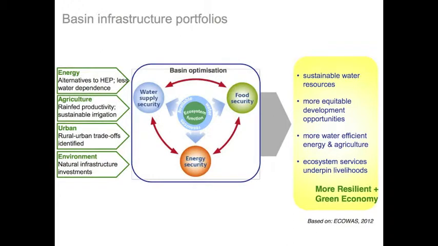And some of that is about energy, so different energy investments, agriculture, different investments in for example irrigation schemes, urban water investments, but also at the bottom on the left is investing in the natural infrastructure of the basin. So in developing infrastructure in a river basin, you think through what's the combination, what's the portfolio of built infrastructure and natural infrastructure that gives me the best result in terms of the multiple goals that I'm trying to achieve, whether that's for water, food, energy security, or whatever. The multiple goals that you're trying to achieve in development and in river basin management.